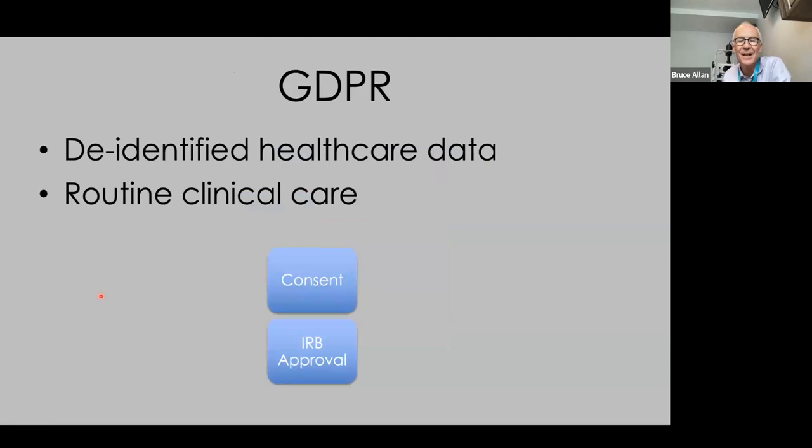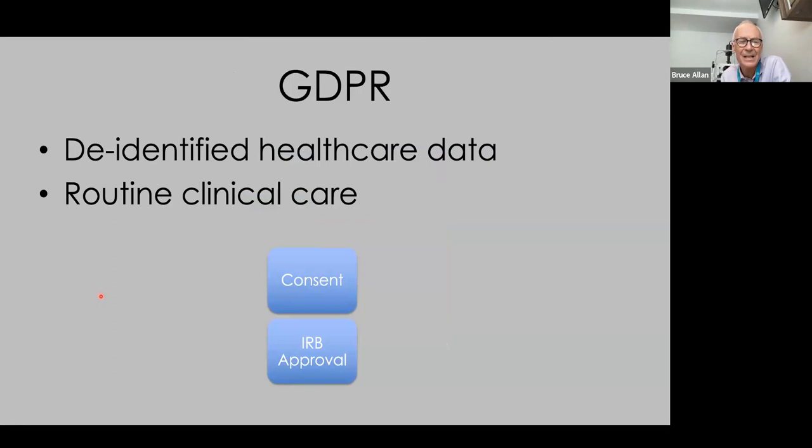And it has some real advantages for subsequent research. First of all, if you look at data protection laws in Europe, that's the General Data Protection Regulation, and a similar framework is there in most countries now. De-identified healthcare data, in other words, healthcare data with the personal information removed, you can use that for research.